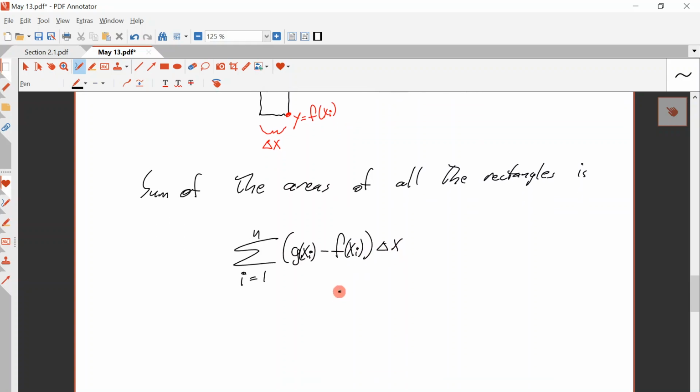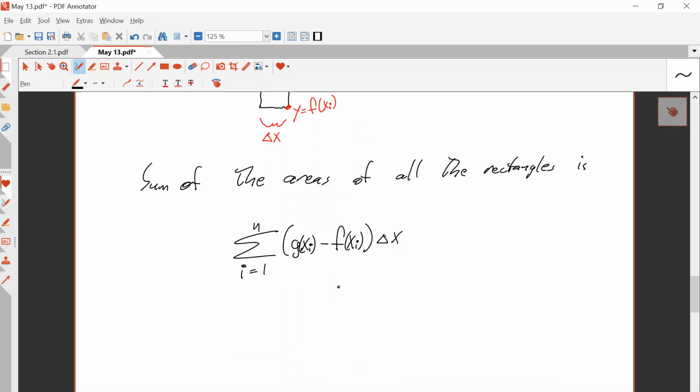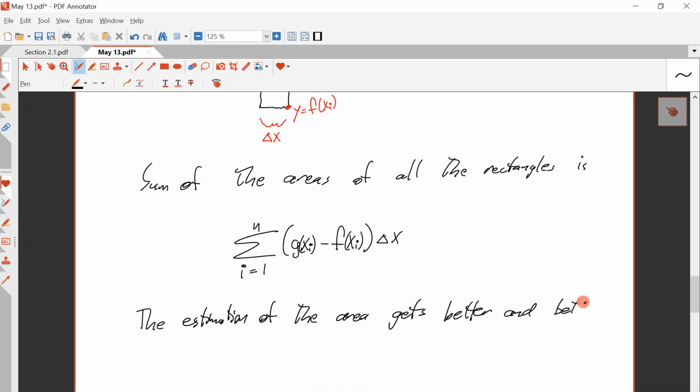So that's the Riemann sum. The estimation of the area with rectangles gets better and better as n goes to infinity.